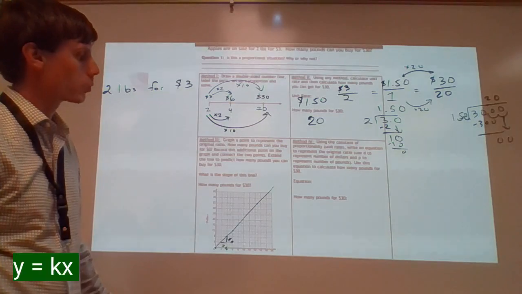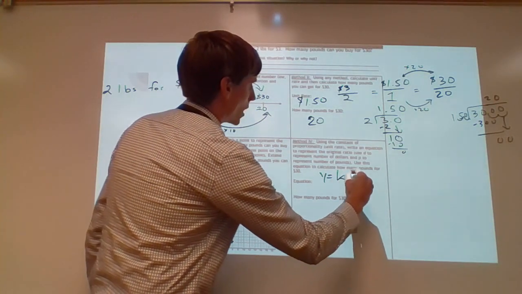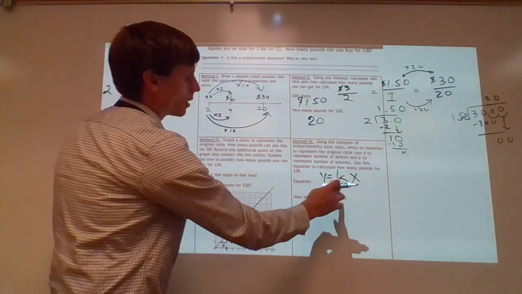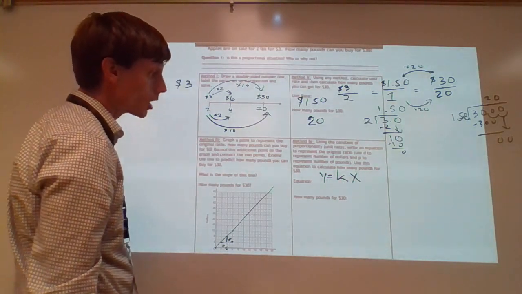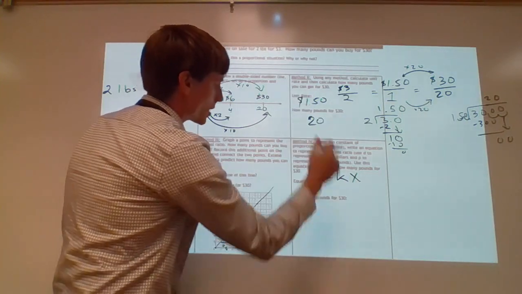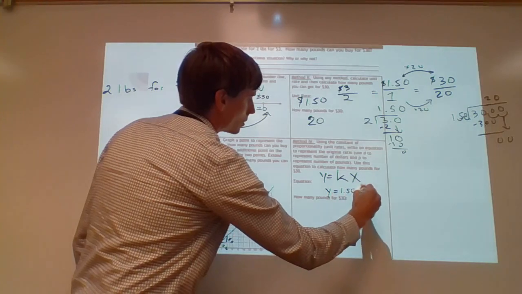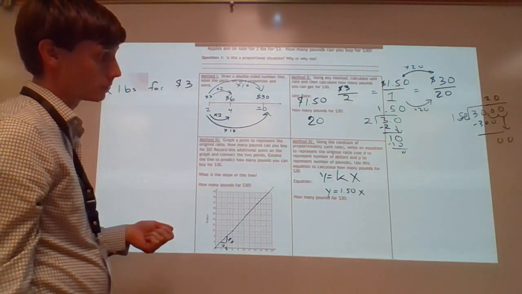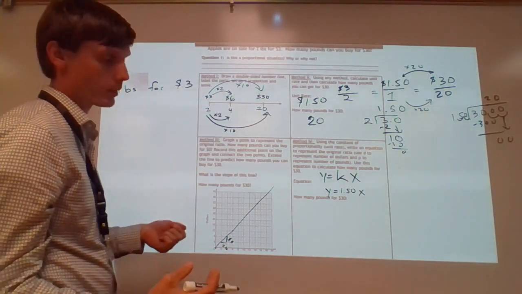Our equation is y equals kx, and this k is our constant of proportionality. In this constant of proportionality, we said it is $1.50 a pound. So we have this equation where we can figure out what our price is going to be depending on how many pounds we have.